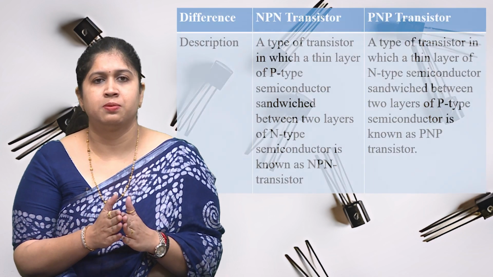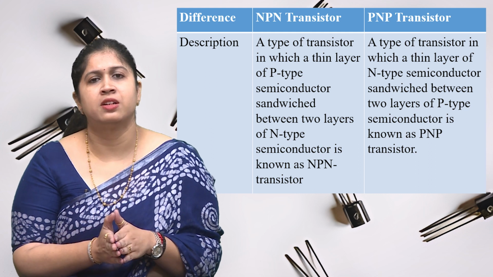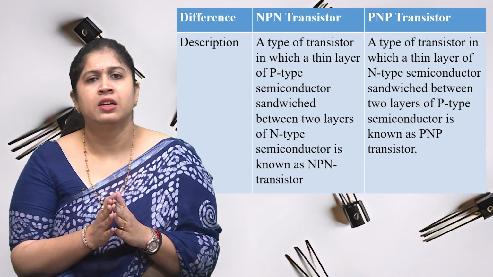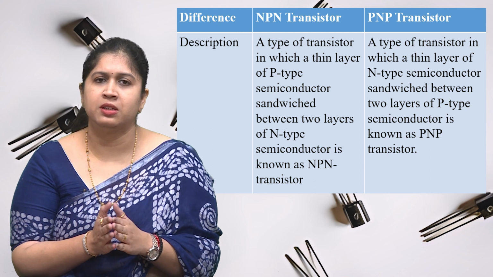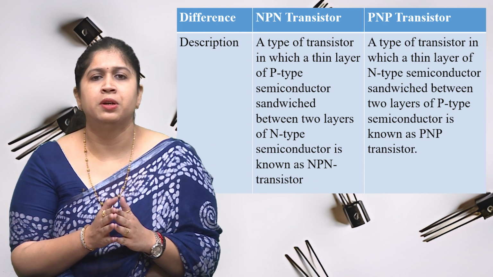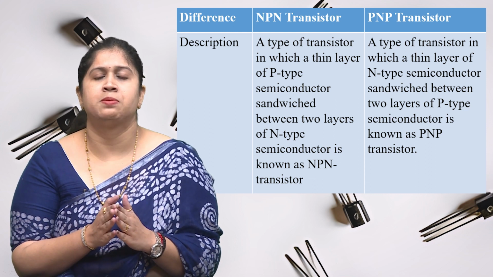Now we deeply discuss the difference between NPN transistor and PNP transistor. Description: first, NPN is a type of transistor in which a thin layer of p-type semiconductor is sandwiched between two layers of n-type semiconductor.